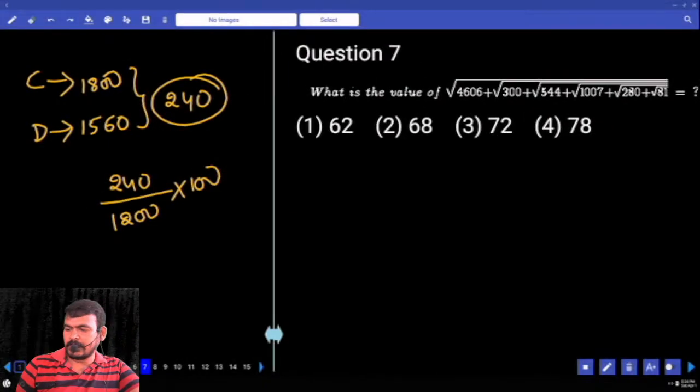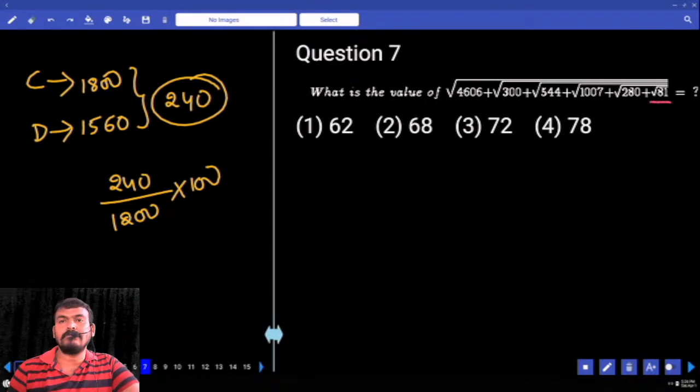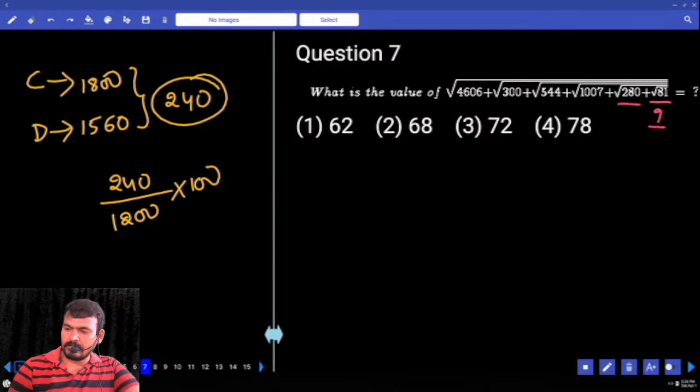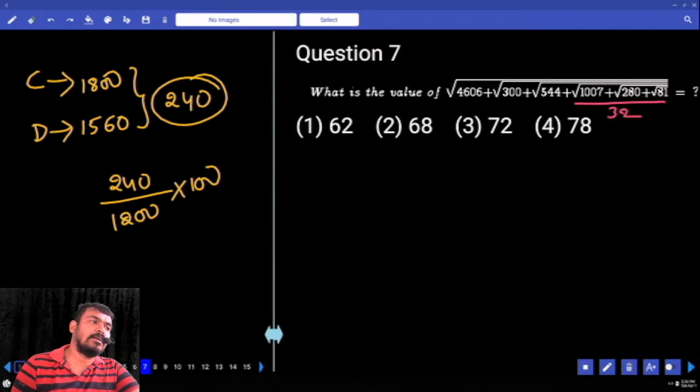In this one, what is the first priority? Last term or first term? Last term. What is the square root of 81? 9. 280 plus 9? 289. Which one square? 17. 1007 plus 17? 1024. It is which one square? 32 square. Means in place of this value we write 32. 544 plus 32? 576.